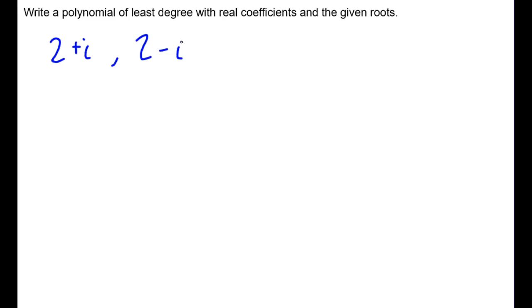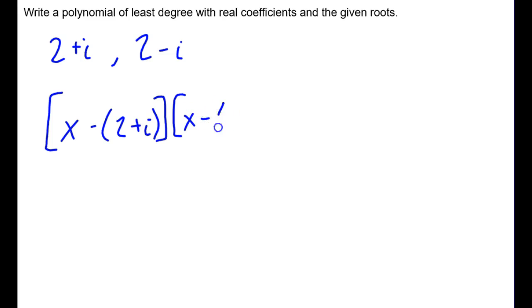If these are the two solutions, we can write x minus (2 plus i) and x minus (2 minus i). This is how we write them in factored form: x minus that solution.